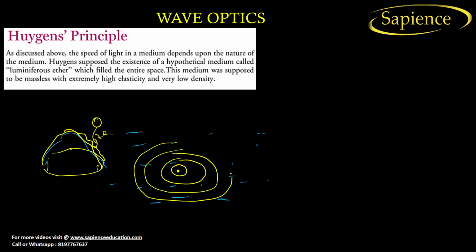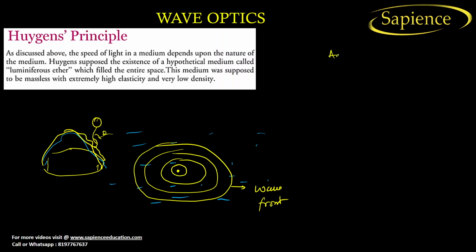So basically, this circle can be considered as a wavefront. How has this wavefront been created?